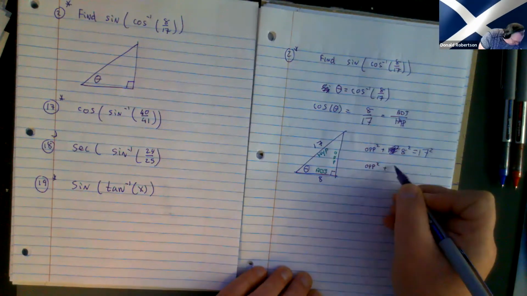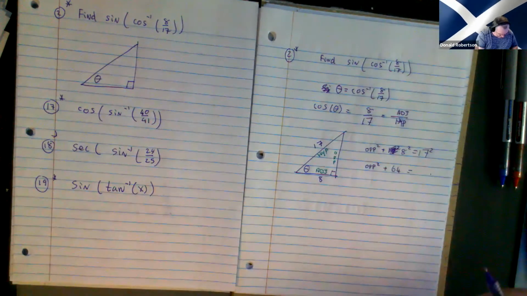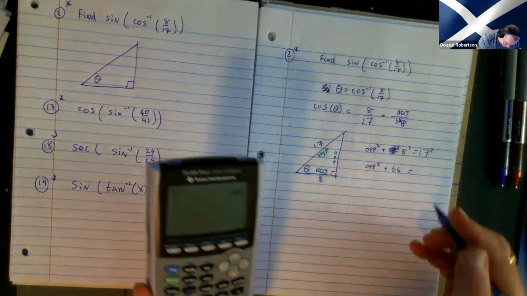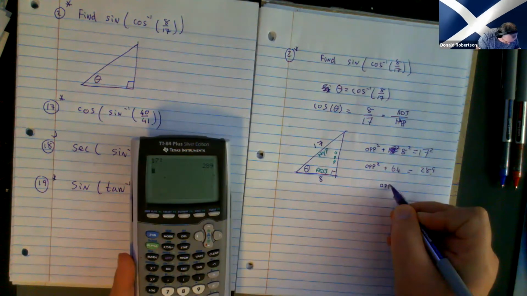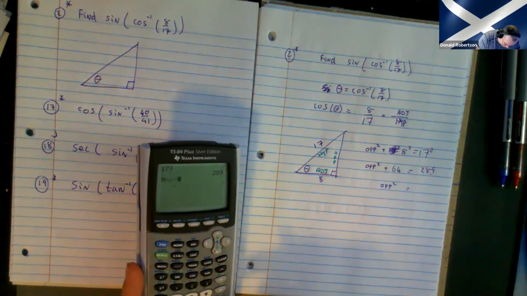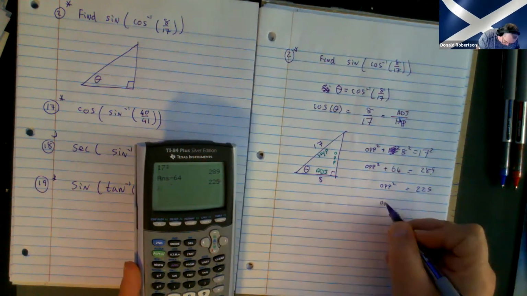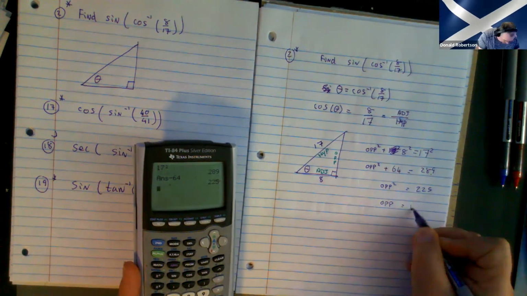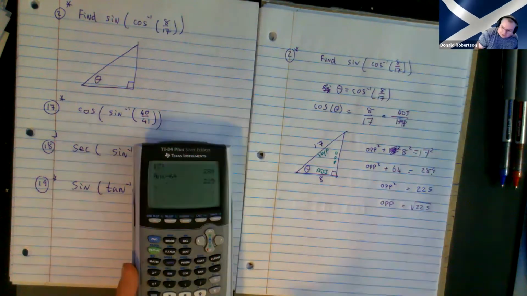So 8 squared is 64, 17 squared, not very easy to do, is 289. So if you subtract 64 from both sides, you get 225. And the opposite is going to be the square root of 225. So far, so good.